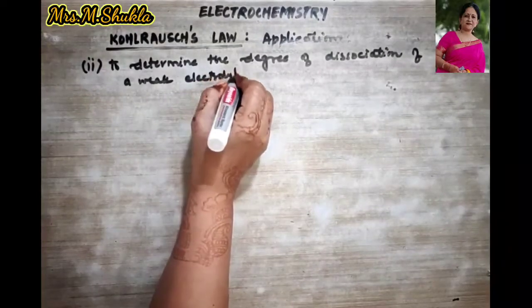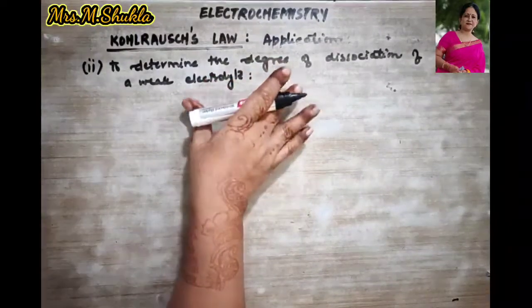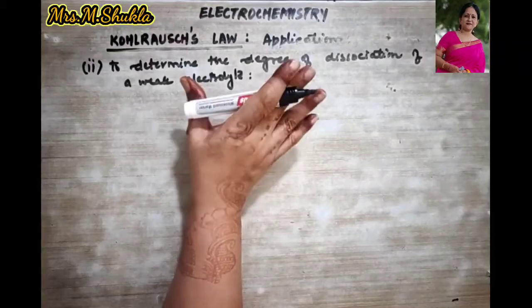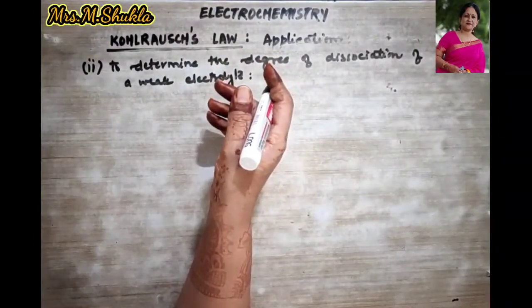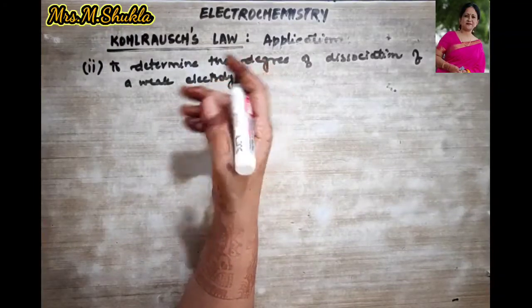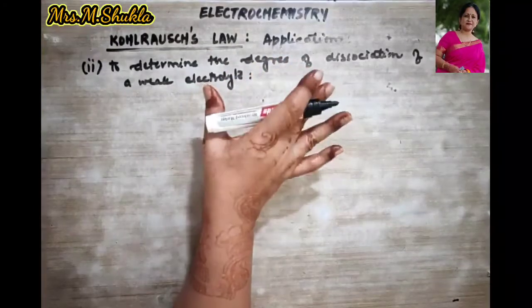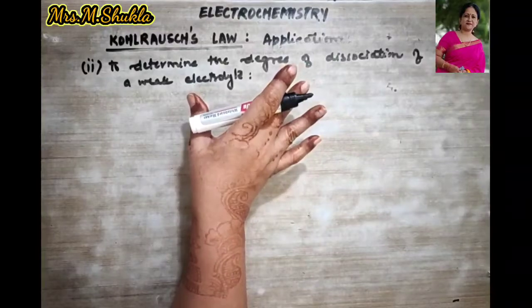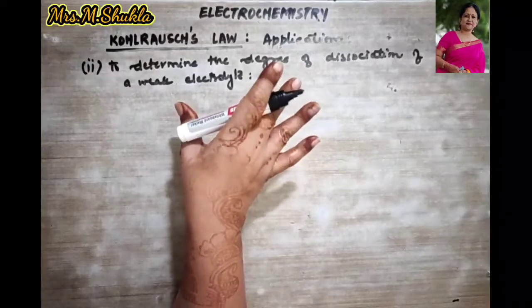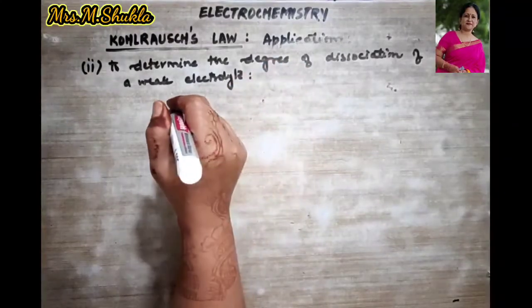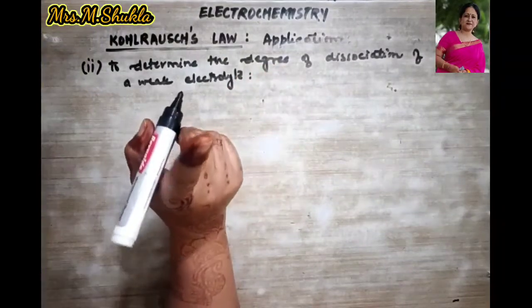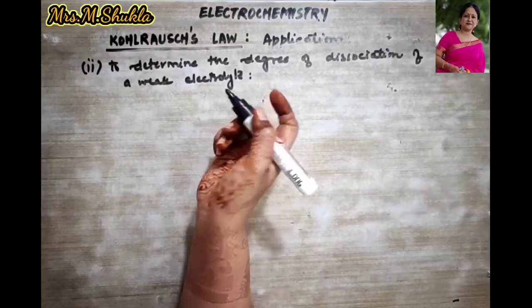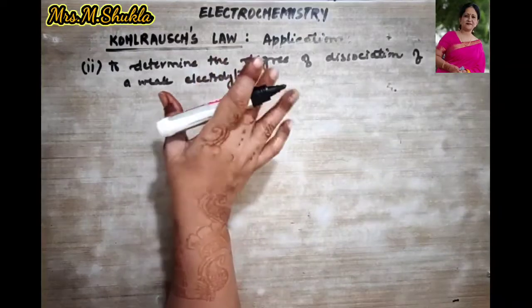Okay, so we know that when we dilute a weak electrolyte, the degree of dissociation increases and molar conductivity also increases. So suppose at infinite dilution, the dissociation of a weak electrolyte is say 100%, then the degree of dissociation will be 1 and the value of the molar conductivity approaches the limiting value.